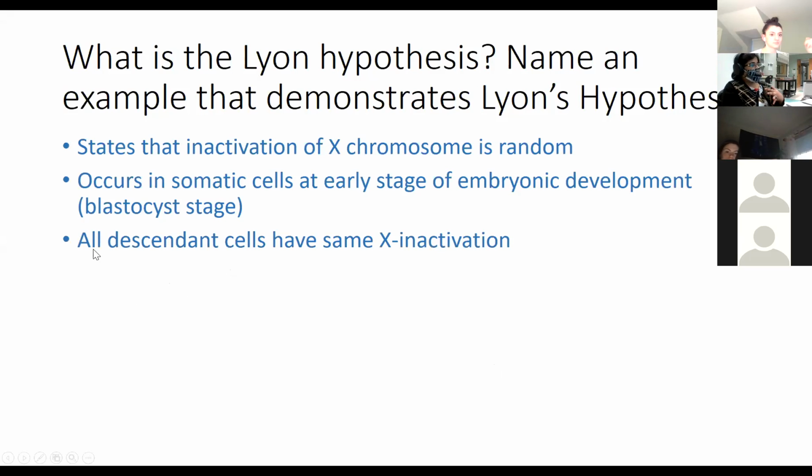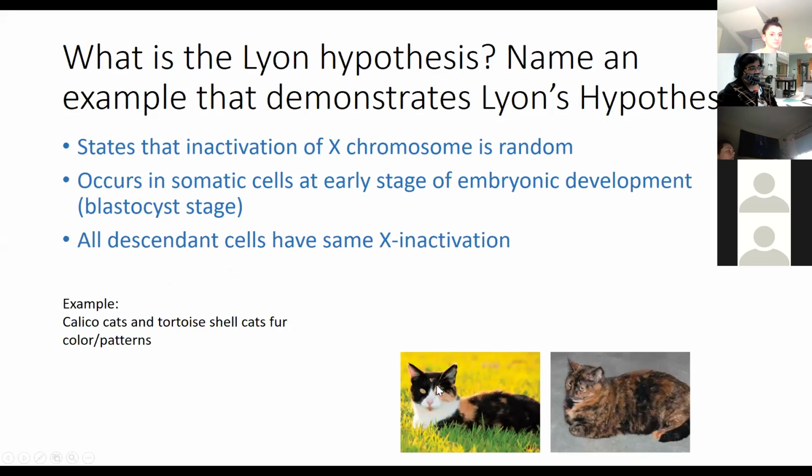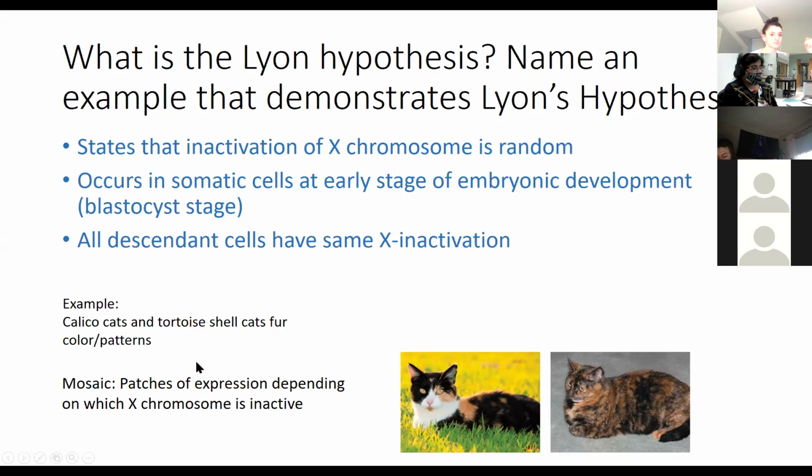All descendant cells have the same X inactivation. An example of this are calico cats or tortoiseshell cats and their fur pattern. The mosaic pattern actually comes from the patches of gene expression, depending on which X chromosome is inactive.